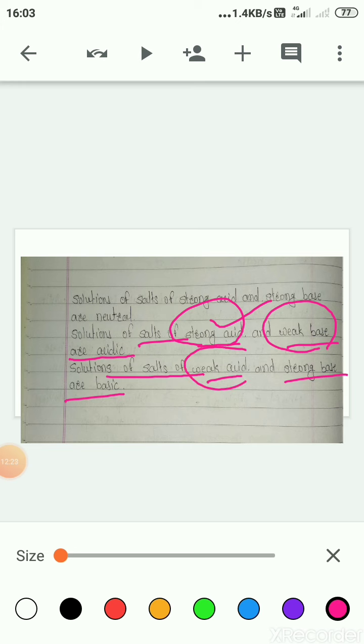Now here the acid is weak acid, and weak acid dissociates partially or incompletely in aqueous solution, while the strong base dissociates completely in water, and therefore the concentration of OH minus ion is greater than the concentration of H plus ions, and therefore the solution of salts of weak acid and strong base is basic in nature. And this is the important concept for the questions we will see in the next part.